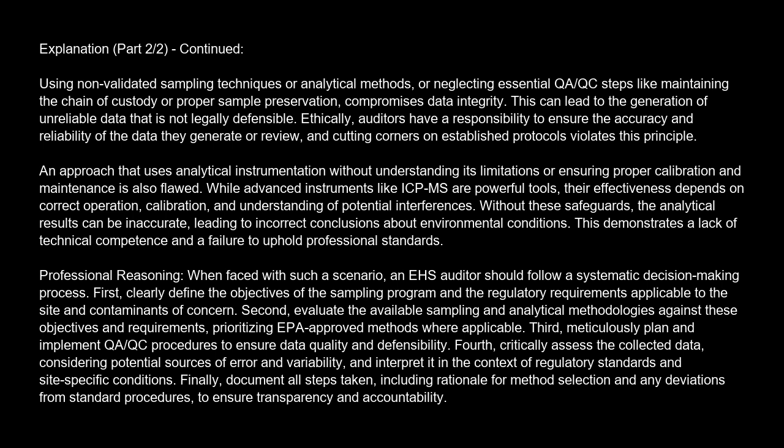Third, meticulously plan and implement QA/QC procedures to ensure data quality and defensibility. Fourth, critically assess the collected data, considering potential sources of error and variability, and interpret it in the context of regulatory standards and site-specific conditions. Finally, document all steps taken, including rationale for method selection and any deviations from standard procedures, to ensure transparency and accountability.